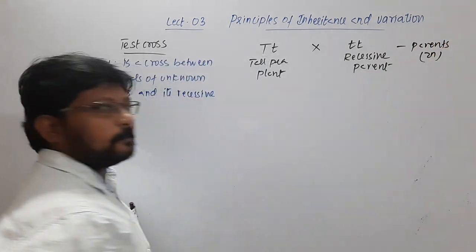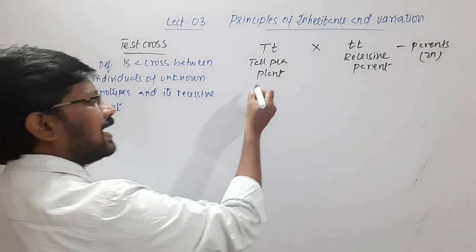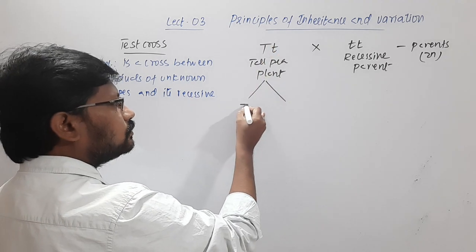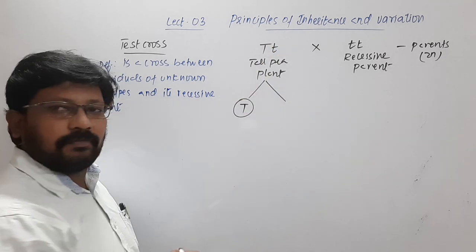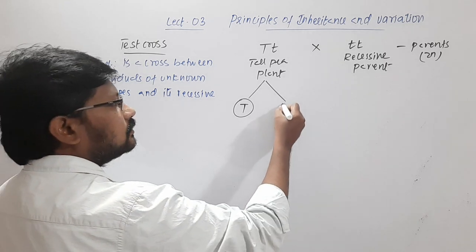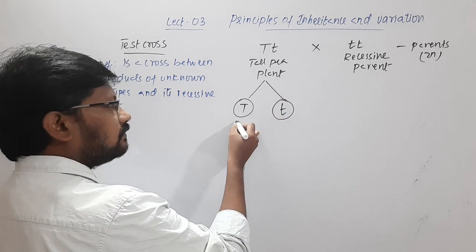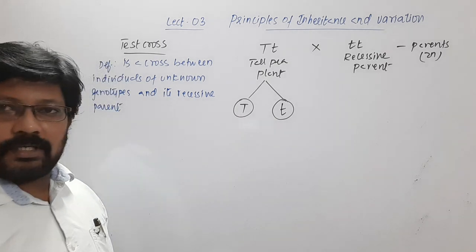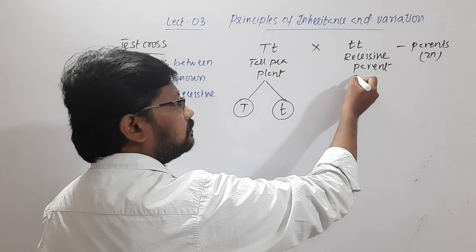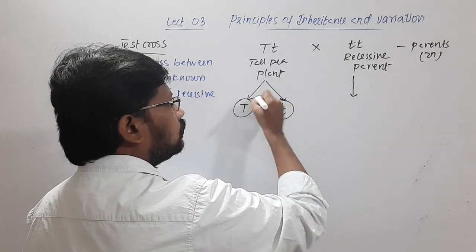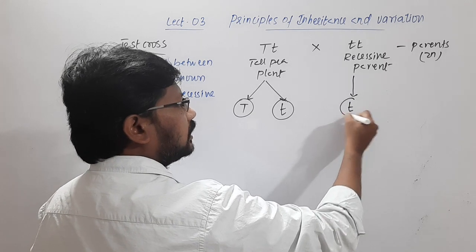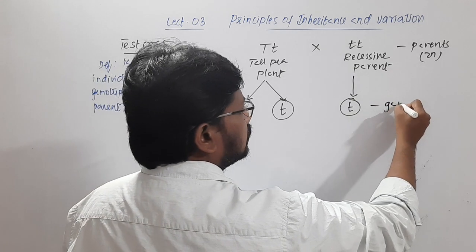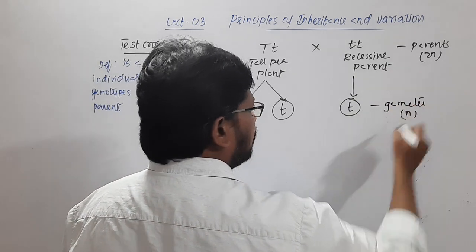Now during the formation of gametes, this tall pea plant, which is heterozygous, forms two types of gametes in equal proportions. So 50% of gametes will have capital T and 50% of gametes will have small t. Whereas this recessive parent will form only one type of gamete, having the recessive character. These gametes are haploid.